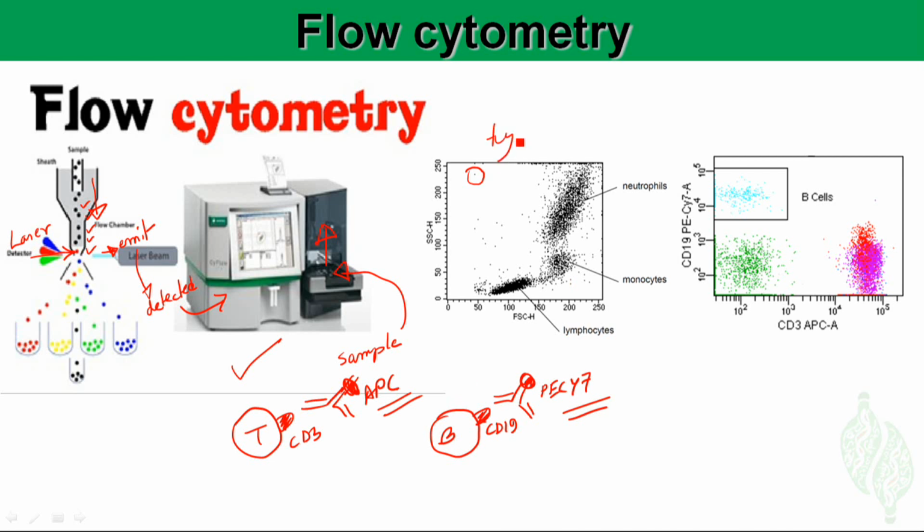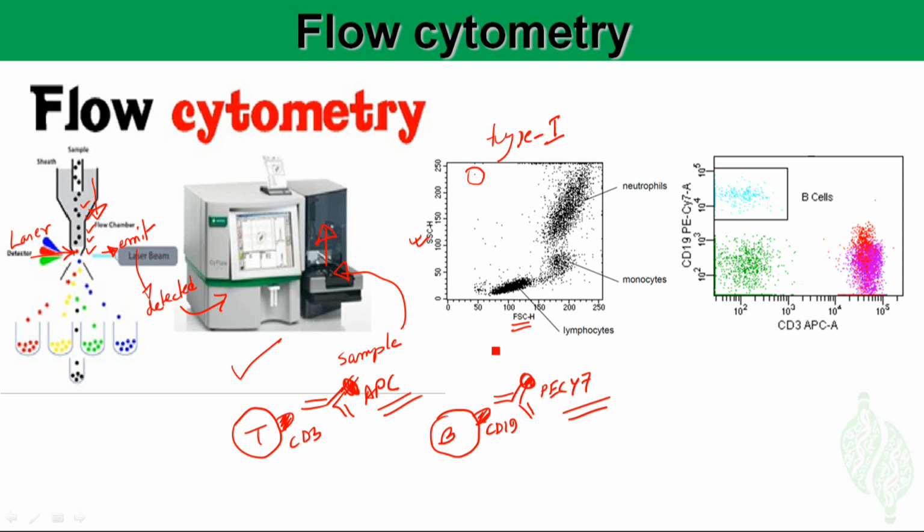This is the type 1 plot. Here no color is detected. Only cells are separated depending on their size and granularity. The FSC, which is called the forward scattering light, and the SSC, which is the side scattering light, these two lights, after being hit by the laser, are detected by this machine.